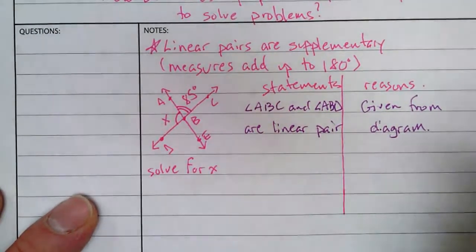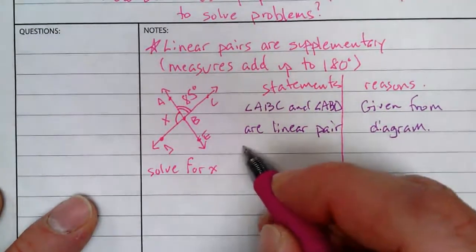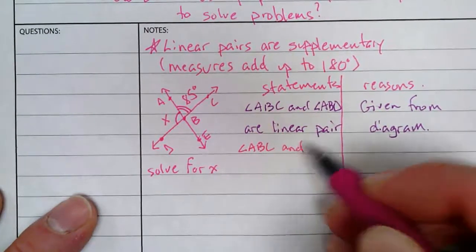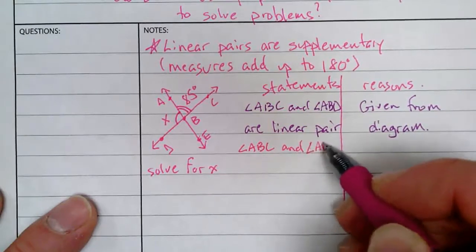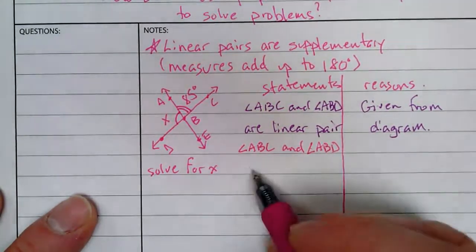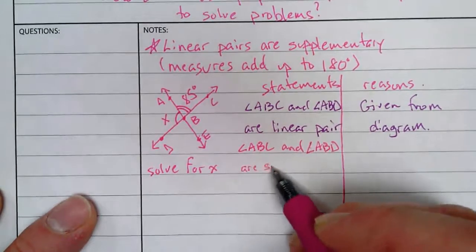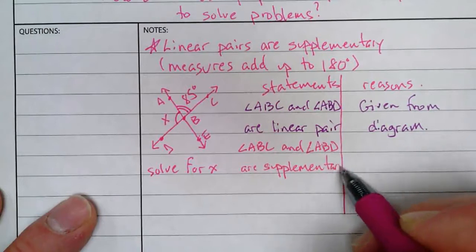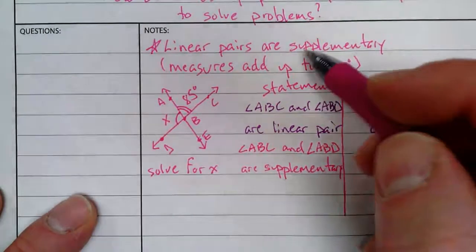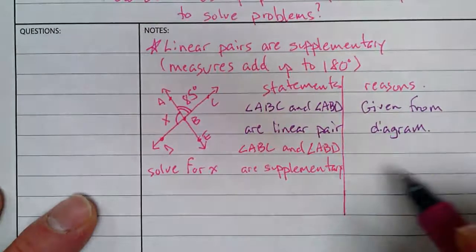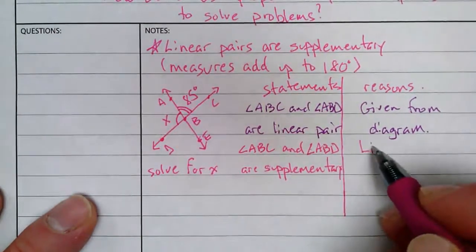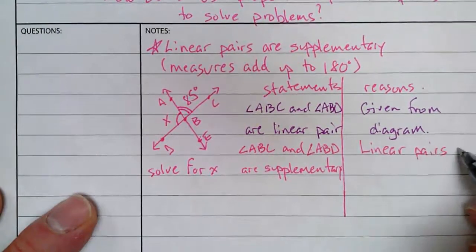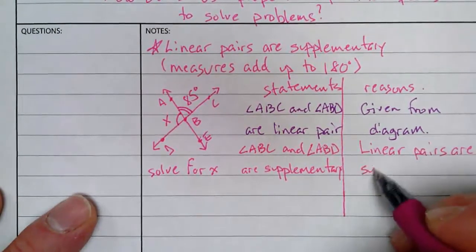Next, and this is going to be a little long-winded, we're going to say that ABC and ABD are supplementary. That goes back to our property. Our reason is linear pairs are supplementary.